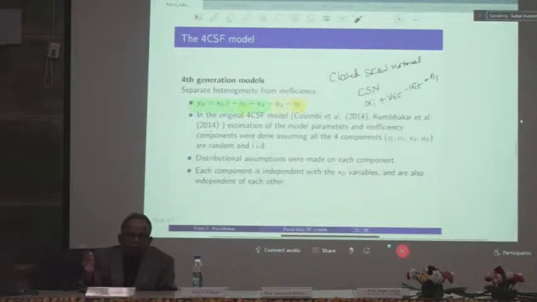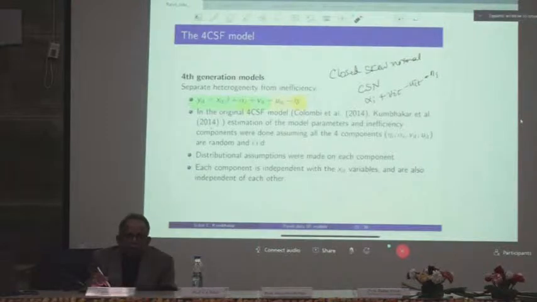I have a paper with a co-author where we did this: UIT is a function of some z variable, and AI is also a function of some z variable, but they are different. Because remember, AI is going to be time invariant, so you need variables that are not changing over time. And for the z variable in here, you need variables that are changing in both I and t dimensions. Okay?